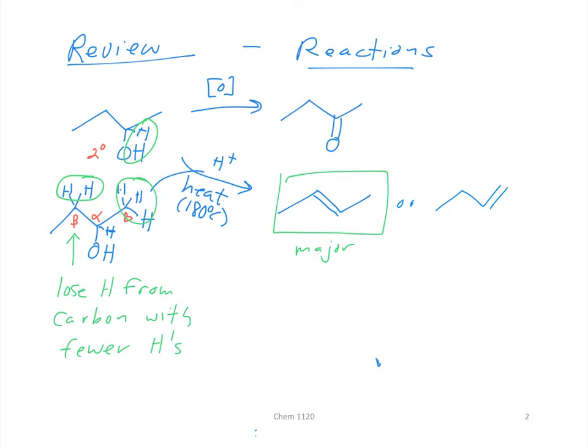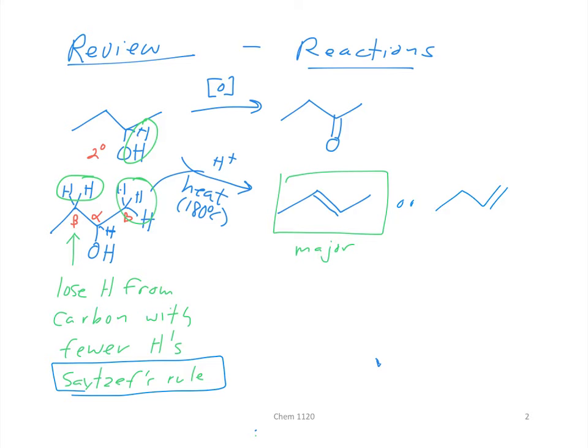This is called Zaitsev's rule. The real reason, and they don't go into this in the book, is that double bonds are more stable when they have more carbons attached. And that's kind of the bottom line.